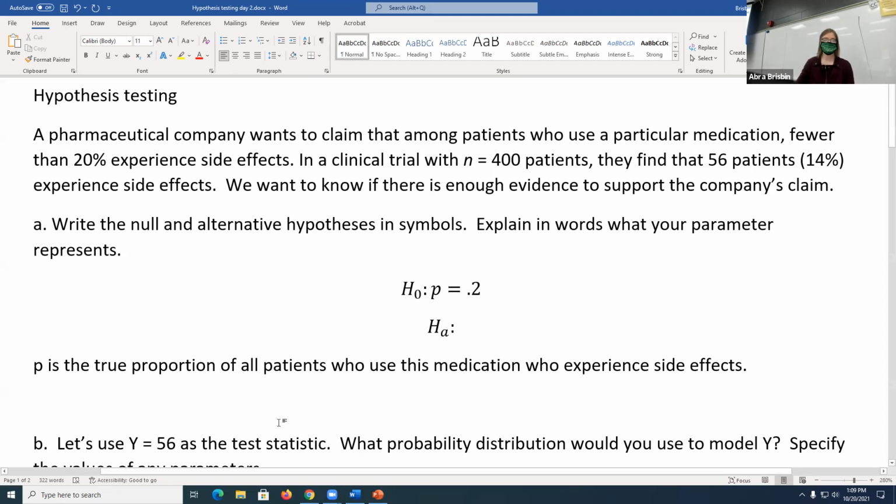So we're making it clear that we're not just talking about the sample here, we're talking about the population of all the patients who use this medication.